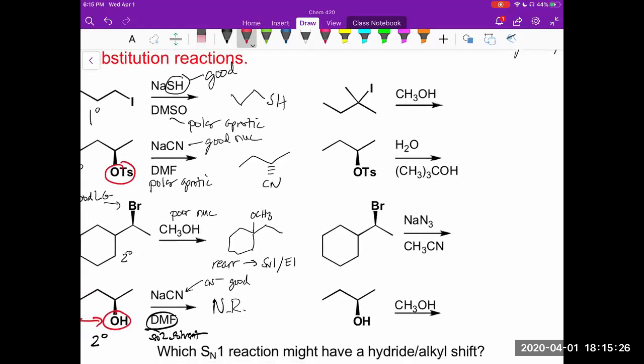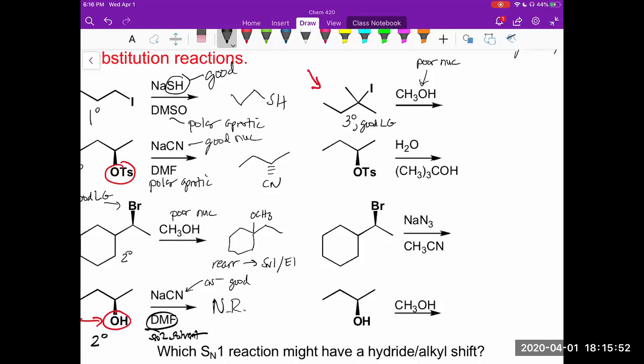All right. The top one here in the second column. Tertiary substrate. Good leaving group. I minus, good leaving group. Methanol, we saw that before in the earlier problem, poor nucleophile.